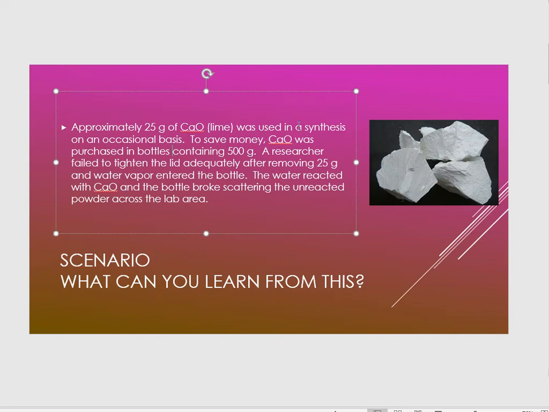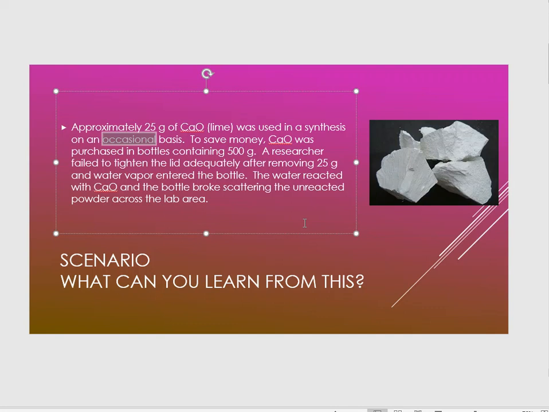Something else, it was used in a synthesis on an occasional basis. The occasional basically means that maybe you didn't have experience working with CaO or realize what it could do. Because of that, you took it for granted and just measured something out, didn't put the lid back on as tight as it needs to be, and put it back on the shelf thinking that everything was okay, and it wasn't, of course.